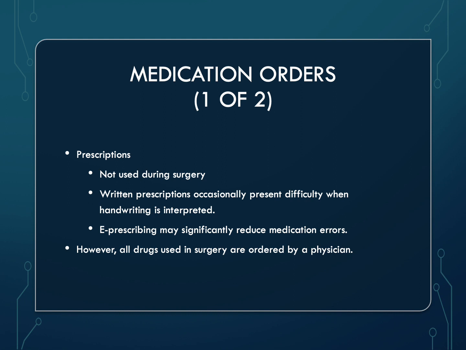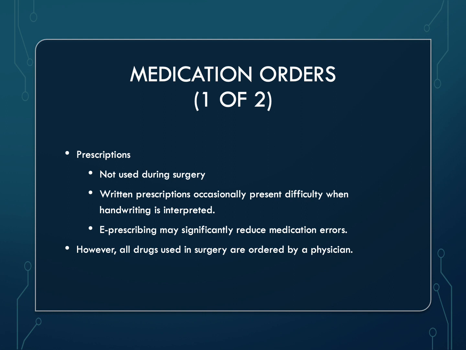So, as previously mentioned, written prescriptions have little or no use in surgery. And in addition to that, all drugs used in surgery are going to be ordered by a physician. So you might be wondering, what do we do in surgery when we need to use medication?